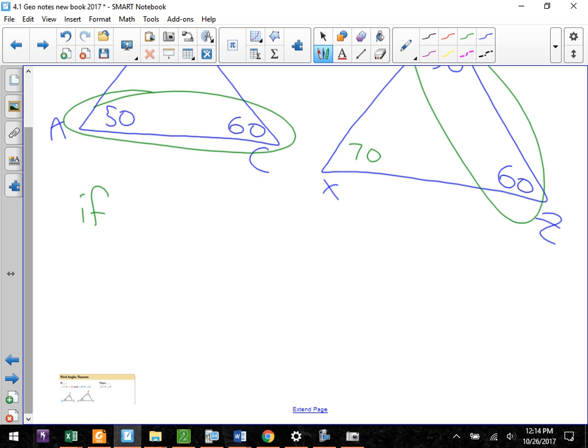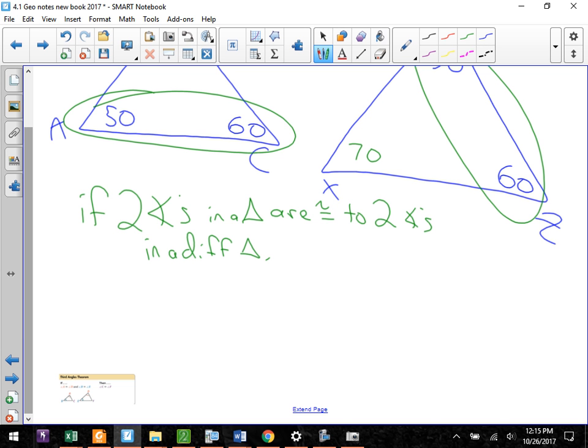If two angles in a triangle are congruent to two angles in a different triangle, so basically I have a 50 degree, a 50 degree, a 60 degree, and a 60 degree. Two angles in one triangle are congruent to two angles in a different triangle. The third angles have to be congruent.